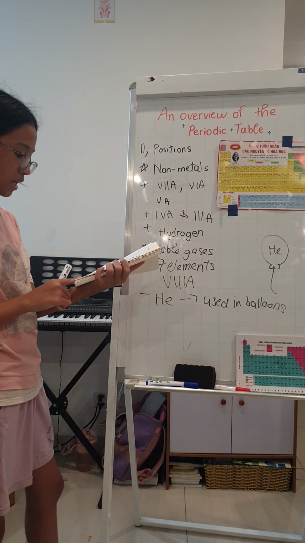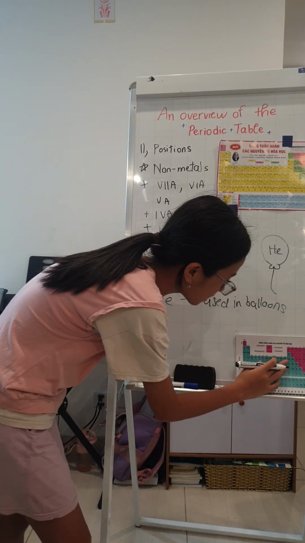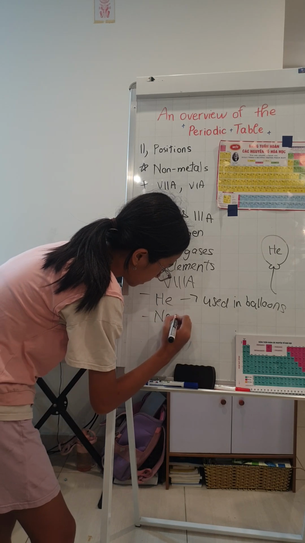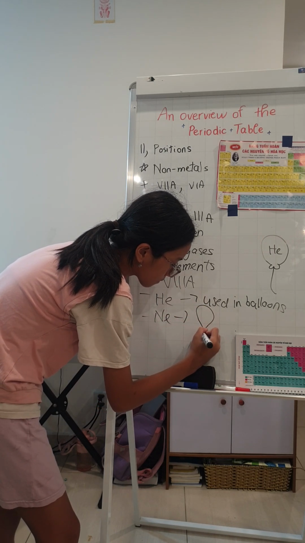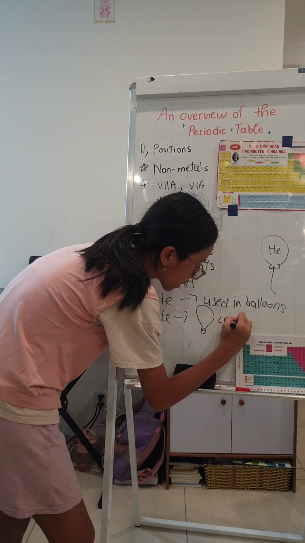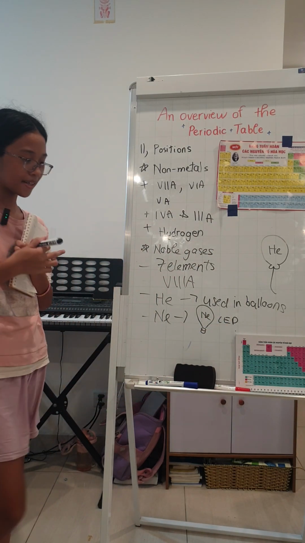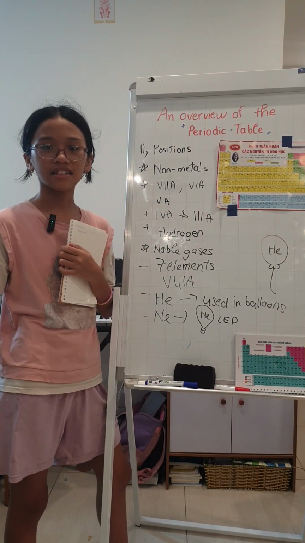Another example is neon. Neon can be used in LED lights. So for real applications, neon can be used in LED lights.